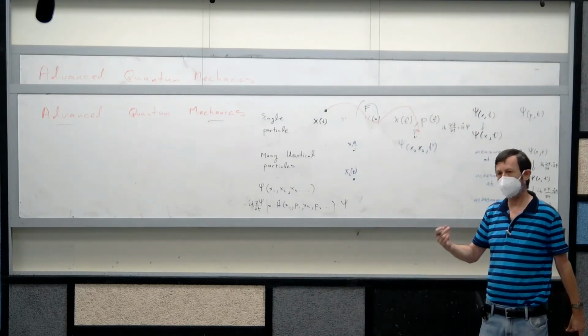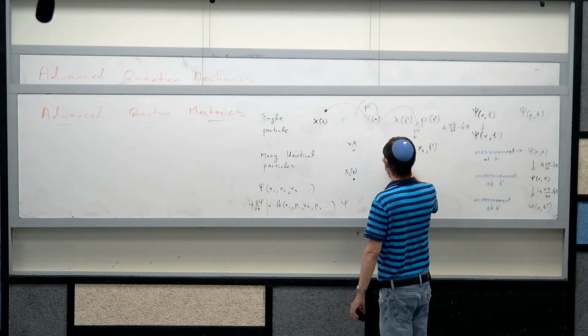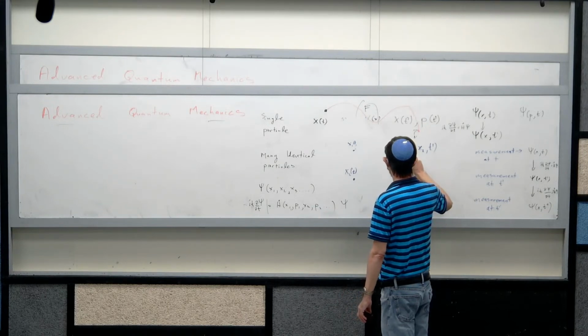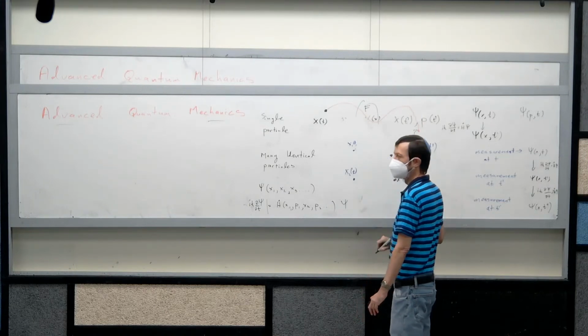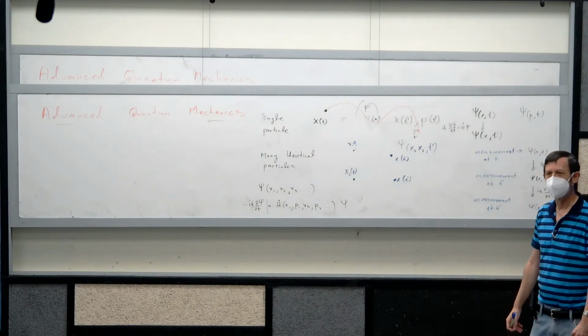I come after a minute and I measure a particle here and a particle here. Which label do I put on each particle?